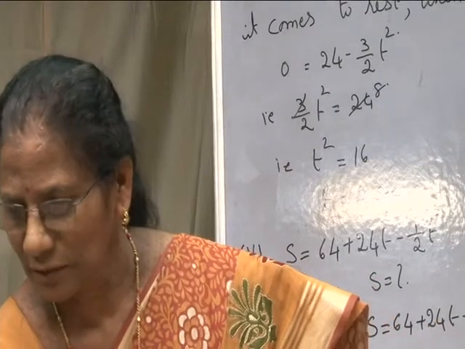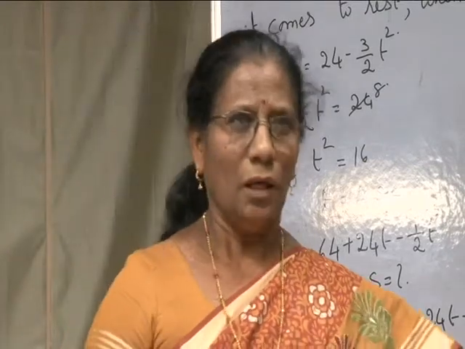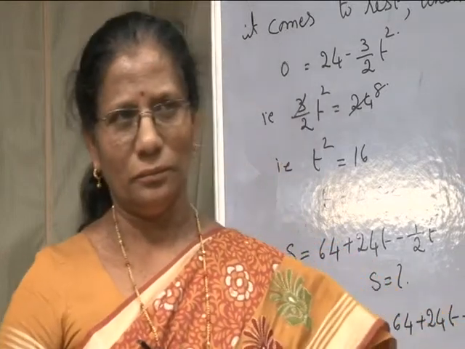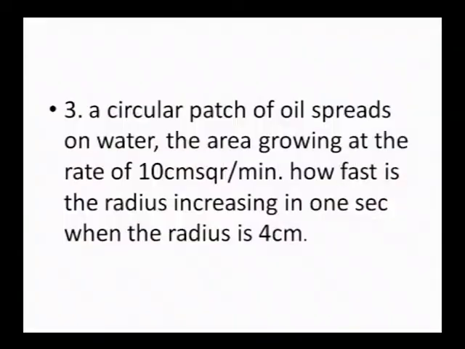The third one is: a circular patch of oil spreads on water, the area growing at the rate of 10 square centimeters per minute. How fast is the radius increasing in 1 second when the radius is 4 centimeter?